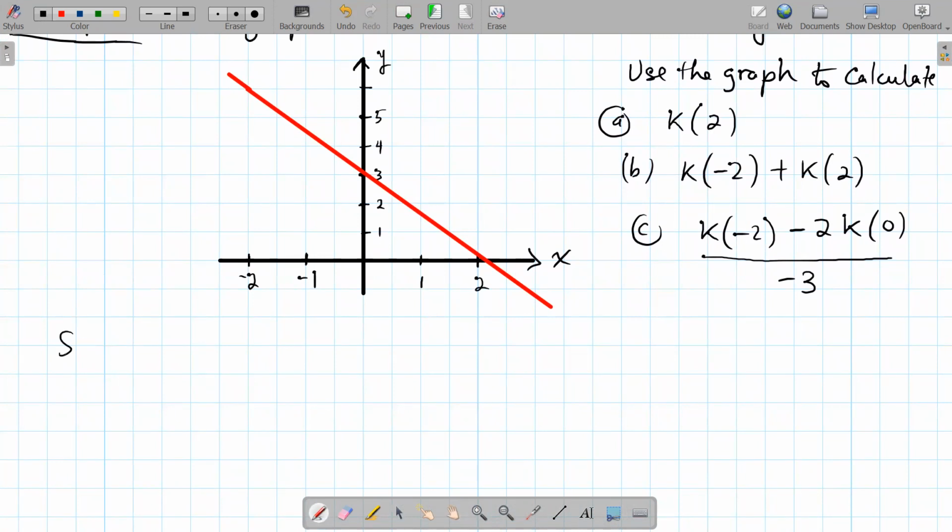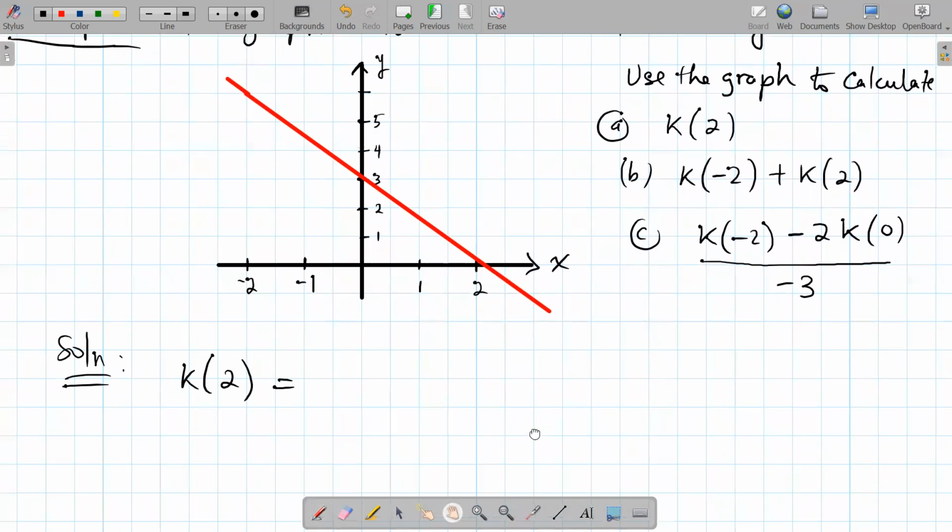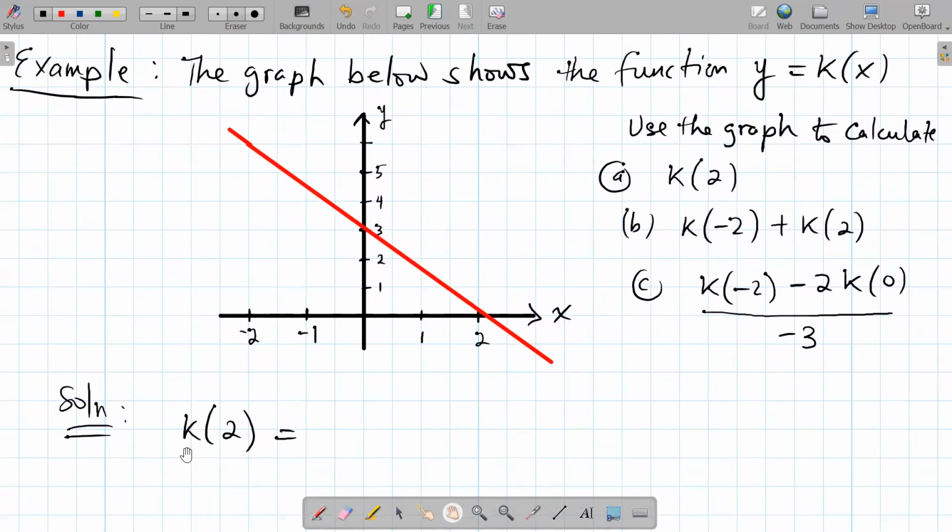Okay. So we're going to be using the graph to evaluate. What is k of 2? Now remember back in the other video, we realized that if k is the function, then whatever value we see in the parenthesis is representing the input.